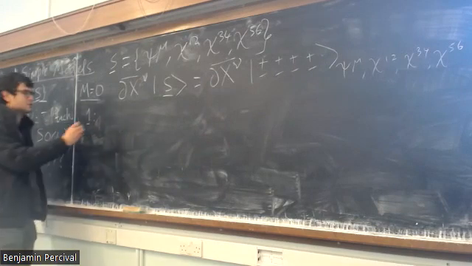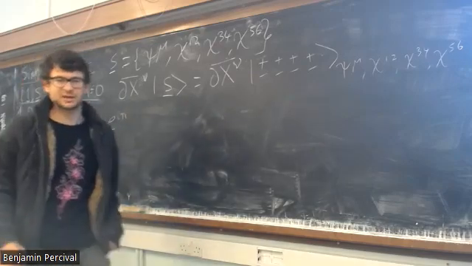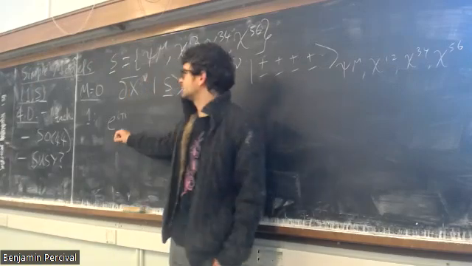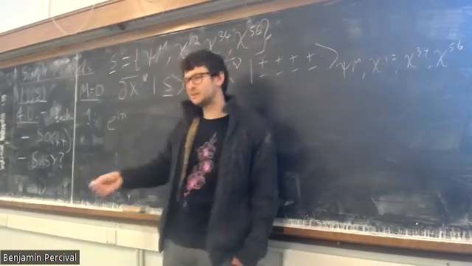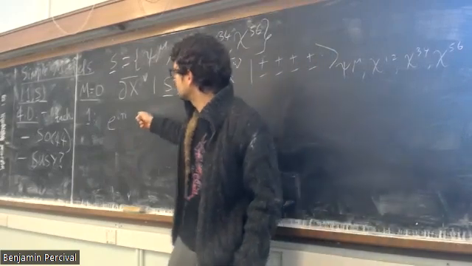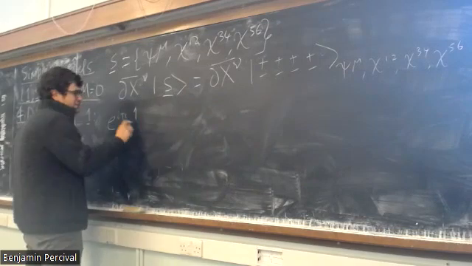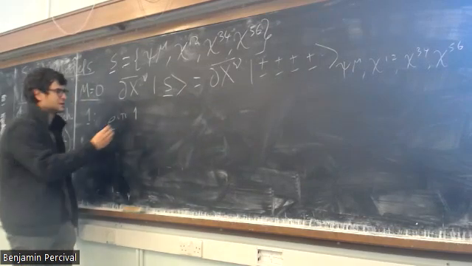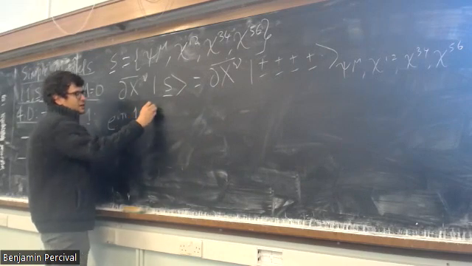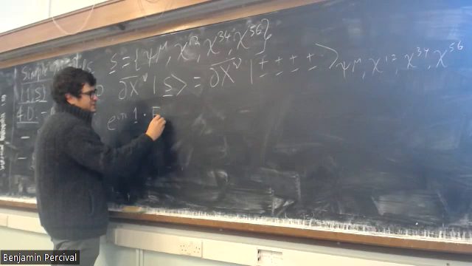Well, you've got e to the i pi. So just if you want to check back at the GSO projection, but remember you have on the left, this e to the i pi is like a -1 to the power of the vector that you're projecting with, which is 1 in this case, dotted with the fermion number of the sector.